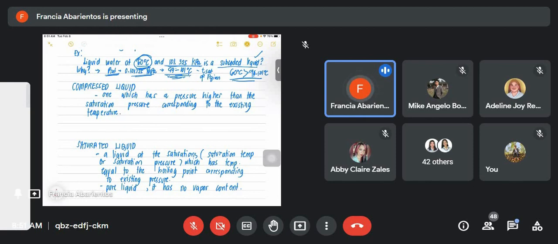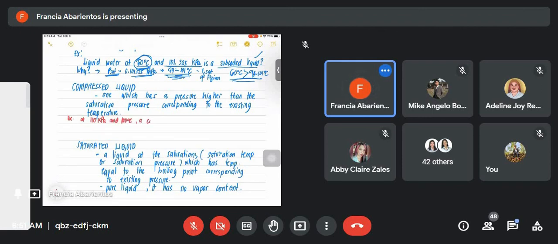So, paano natin siya makukuha? For example, yung liquid water natin is at 110 kilopascal and 100 degrees Celsius, a compressed liquid.